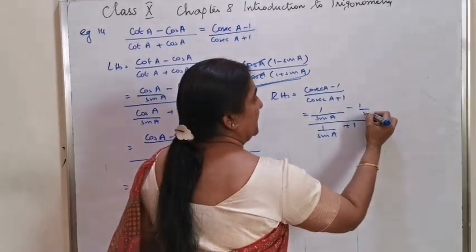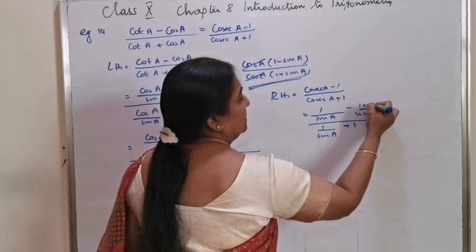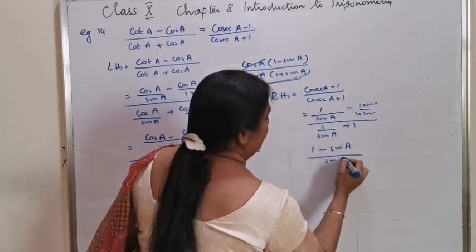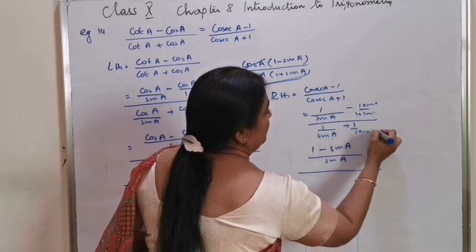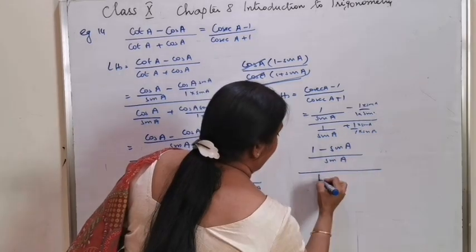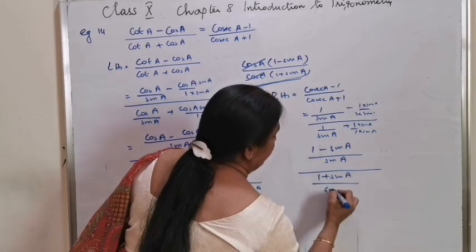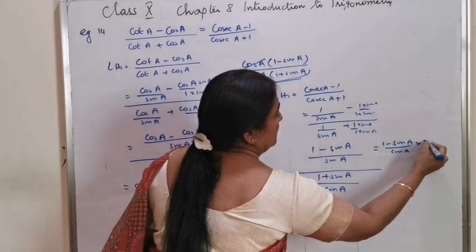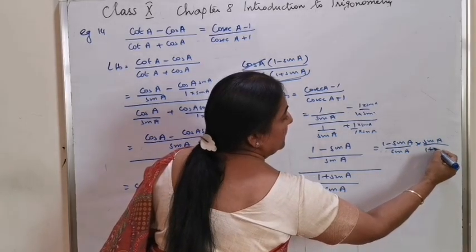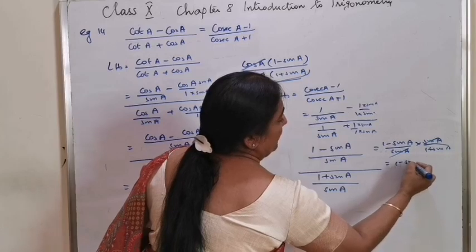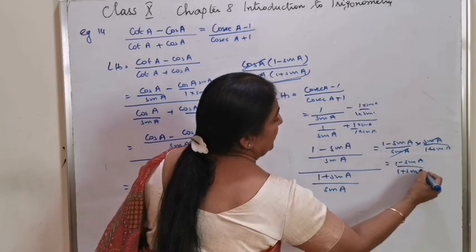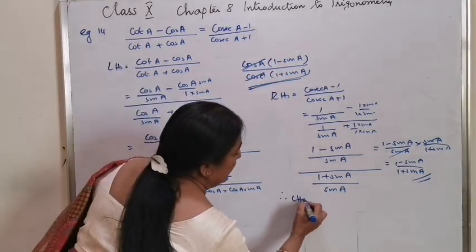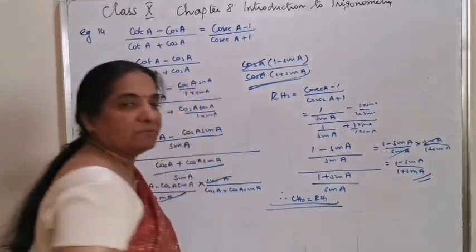By LCM, again sin A into sin A, which is the same as 1 minus sin A by sin A divided by 1 plus sin A divided by sin A. If you multiply by the reciprocal, into sin A by 1 plus sin A, 1 minus sin A by 1 plus sin A, which shows that LHS and RHS are equal. Therefore, left hand side is equal to right hand side.